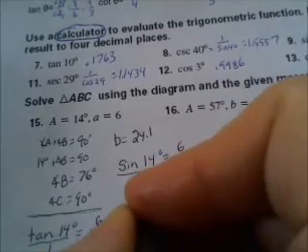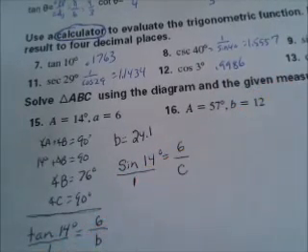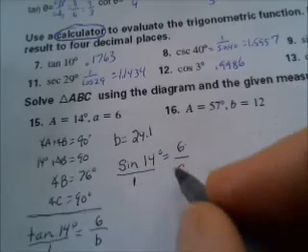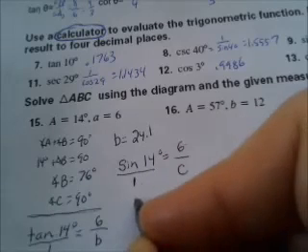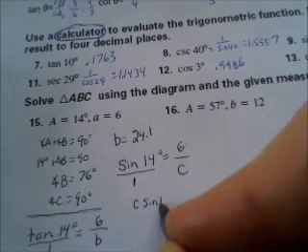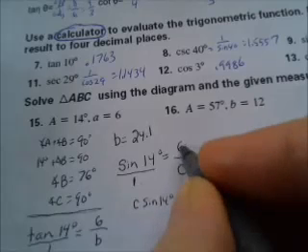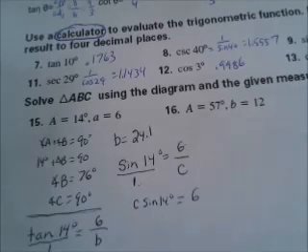And then just like before, we can put a 1 underneath the sine of 14, cross multiply: c times the sine of 14 degrees is equal to 6 times 1, which is 6.